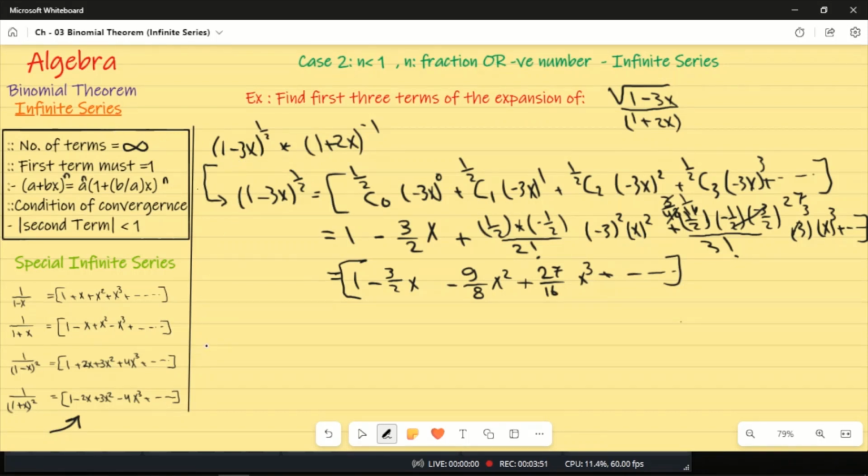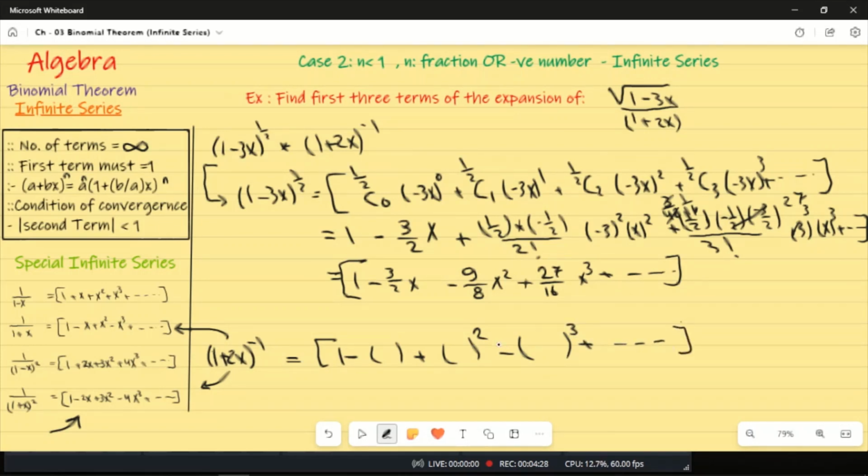Move to second. We have here 1 plus 2x power negative 1. This is similar to this second series, but we have here 2x, so just rewrite this in same sequence. So we have here 1 minus x plus x square minus x cubic plus our completion.